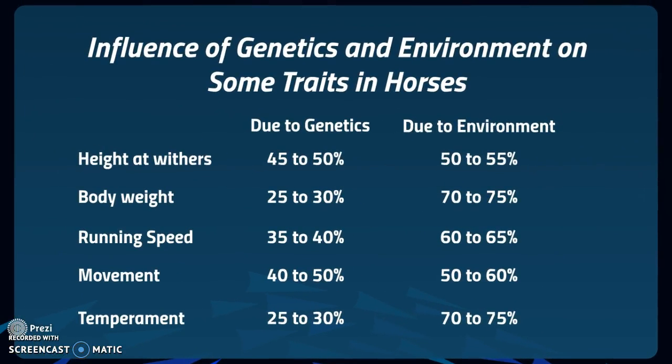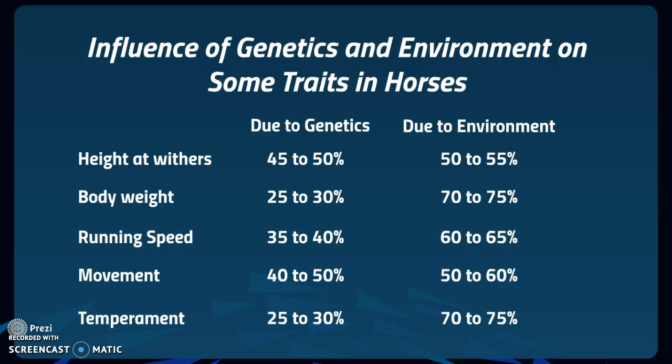Influence of genetics and environment on some traits in horses. Height at withers, 45 to 50% due to genetics, 50 to 55% due to environment. Body weight, 25 to 30% due to genetics, 70 to 75% due to environment.